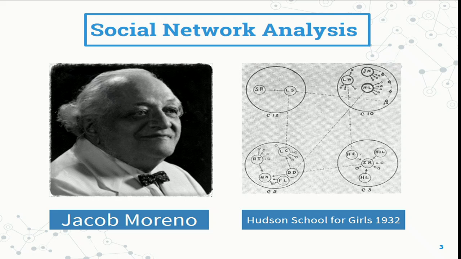And this psychiatrist, Jacob Moreno, found out through the graph that he had drawn that the girls ran away not because of their personal motivation or personalities, but more from the way they behave in their social network.